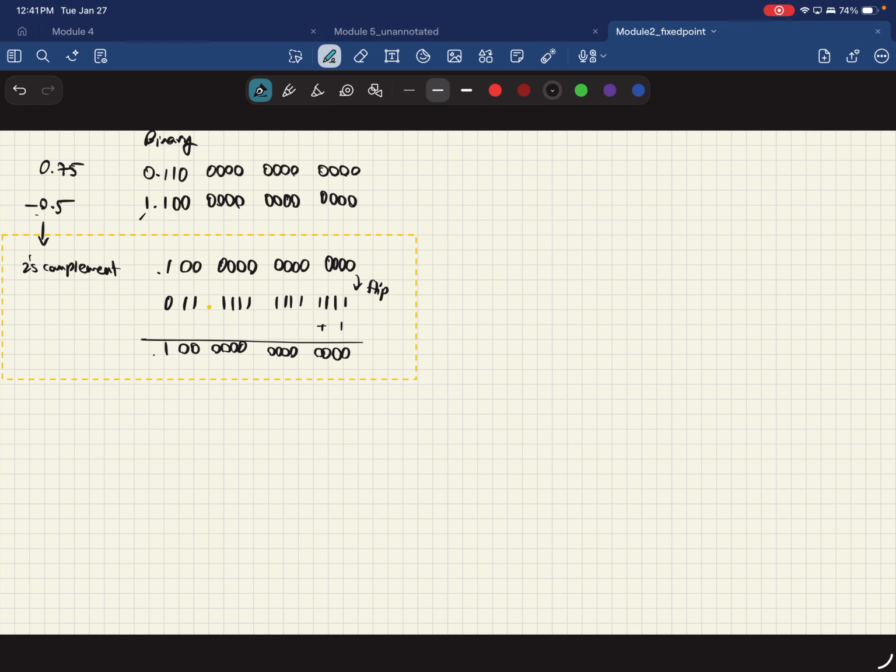Now, if you multiply these two, because the second one is negative, you do it row by row, right? You shift it, and then the only thing you have to do is, on the final row, you do a 2's complement. Okay? And then by doing that, this is what you get. So let's say this is our M2 result. Again, it would be great if you do this by hand and confirm this result that I'm writing here. It's 1110.